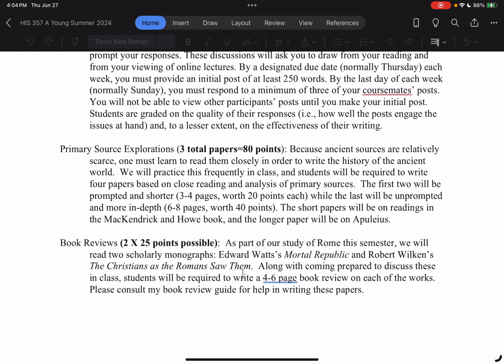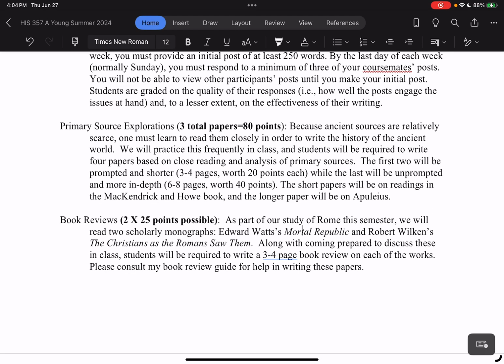There are 2 book reviews. I'm actually going to change this on the fly here to say 4 to 5 pages. Actually, no, sorry. I'm going to say 3 to 4 pages. I have gone to somewhat shorter. I'm looking for 1,000 to 1,200 words. I used to do 4 to 6, and often that was just too long. I think you can write a good book review in 3 to 4 pages. 2 monographs, Mortal Republic and The Christians as the Romans Saw Them.